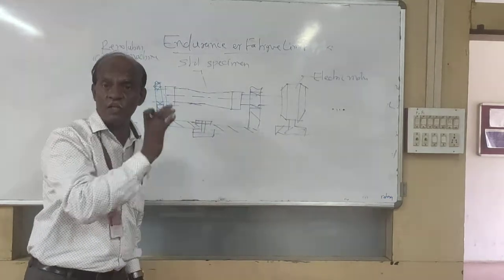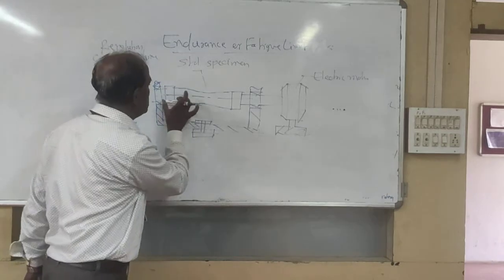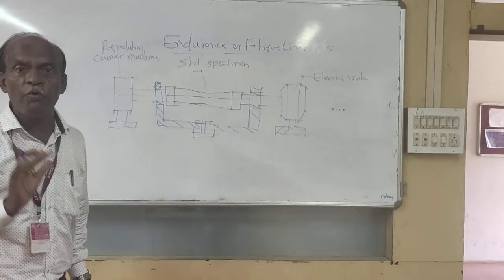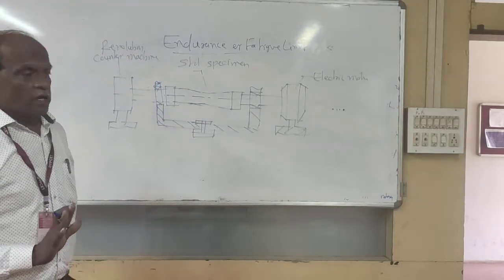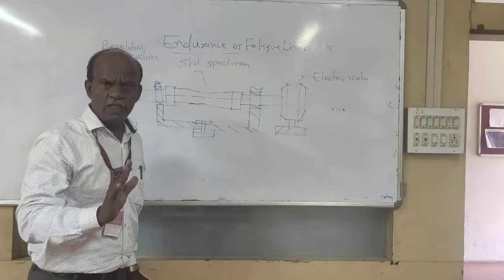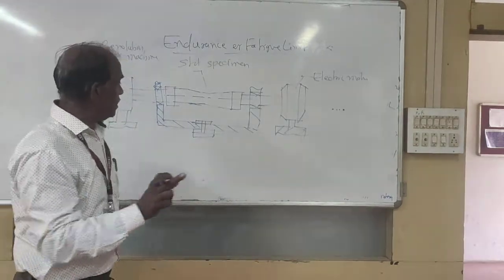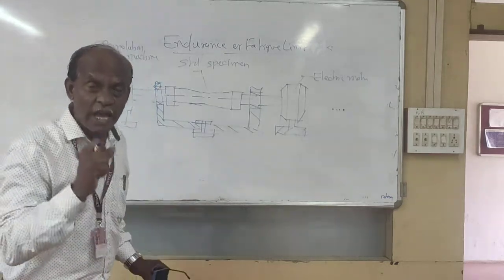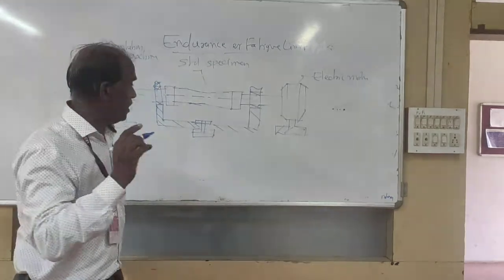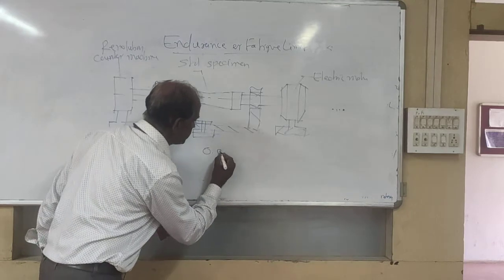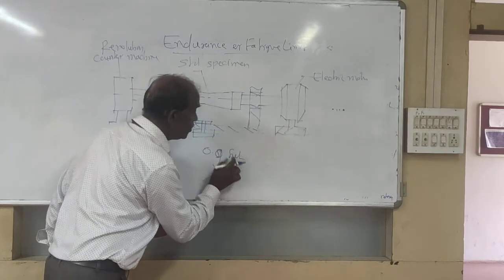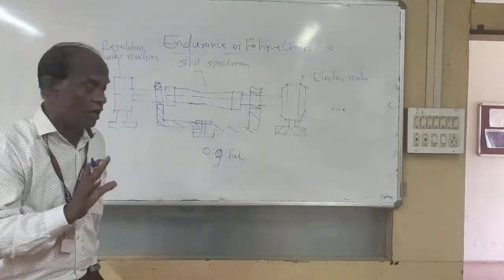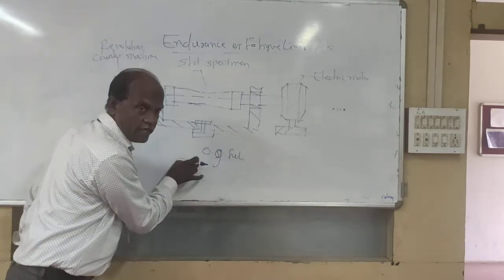It is subject to radial load, and the specimen is subject to pure bending moment. During each test, in the first step, the load attached is approximately 0.9 times the S-UT, that is, 90% of the ultimate tensile strength of the material.